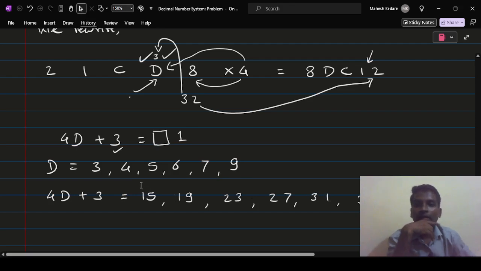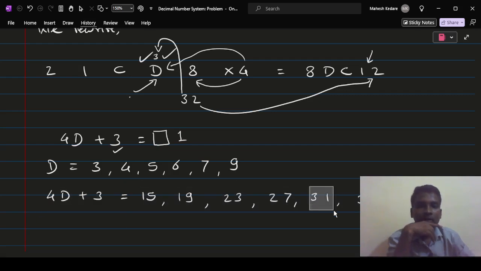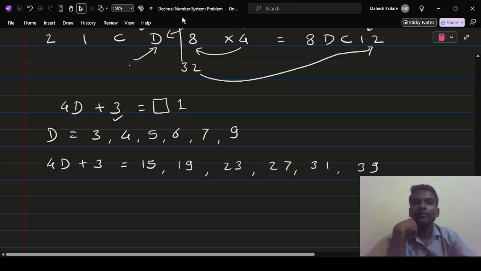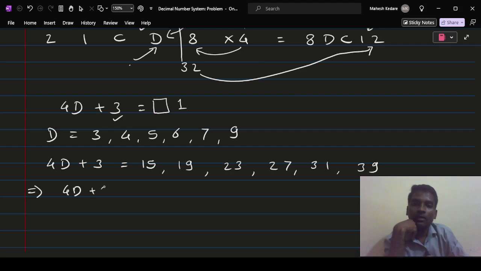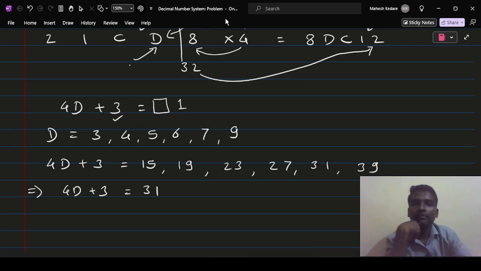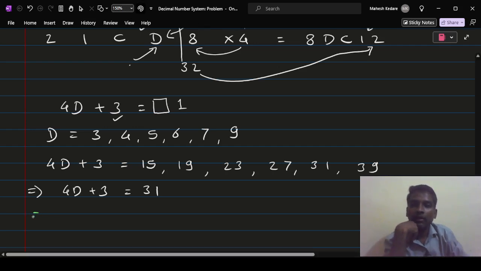So among these values of 4D plus 3, only this number 31 can leave 1 in the 10 place. So this is the correct choice for 4D plus 3. So we write 4D plus 3 equal to 31, and this gives us the value of D to be 7.